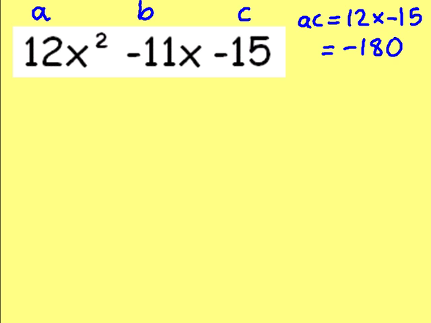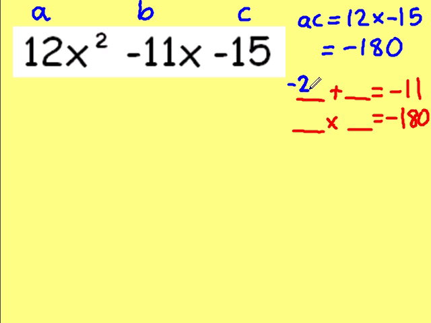So I need to find a pair of factors when added will give me my middle number B, which is minus 11, and when multiplied will give me my AC number of minus 180. Now the only pair of numbers that will do that are minus 20 and plus 9.